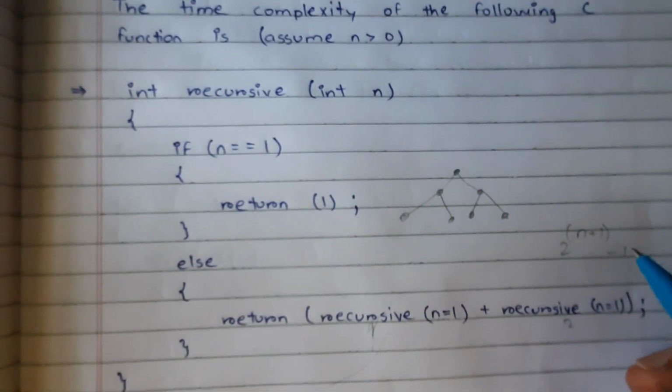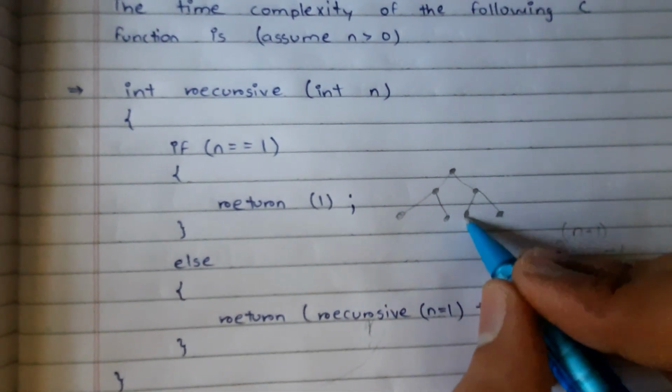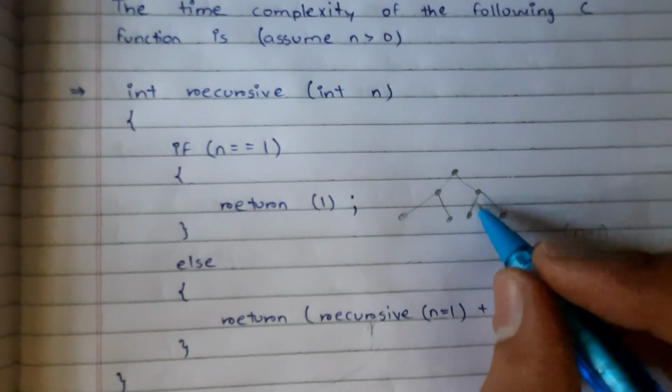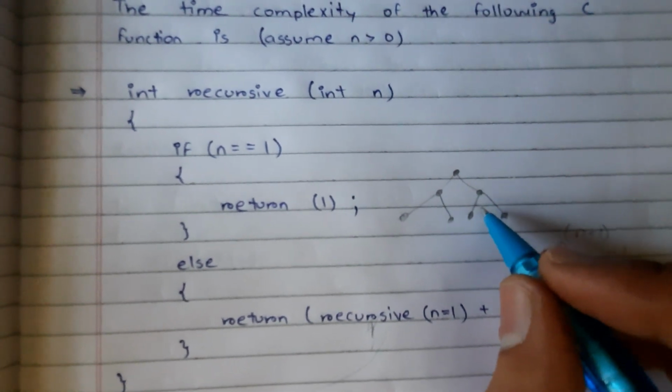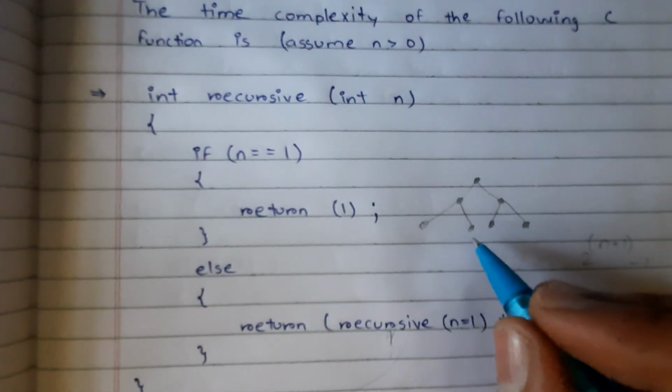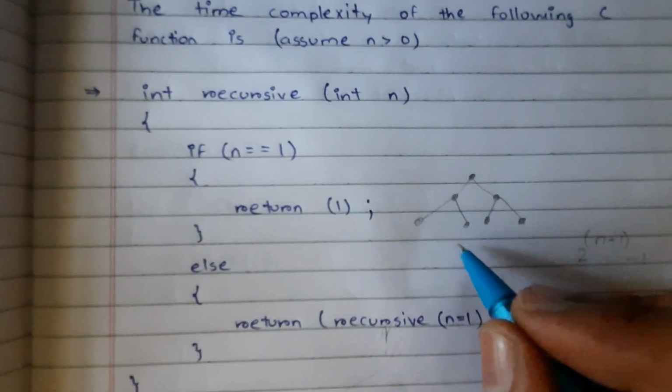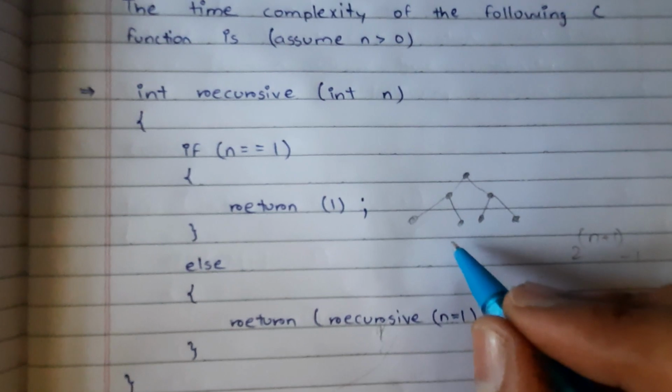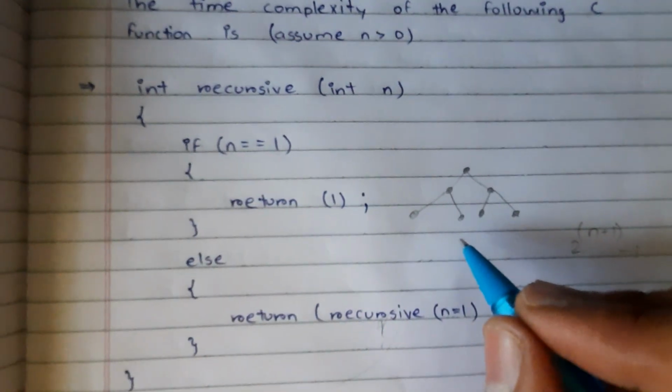Each node of the tree will represent the recursive call of the function, as I just mentioned. The time complexity of each recursive call is constant.